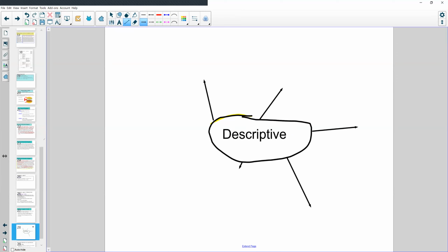So I'm not going to write the whole sentence here. I'm just going to write jot notes, right? Just like we did jot notes for summarizing the paragraph. Jot notes can be a great way just to get some ideas down in order to write a paragraph. So for example, I'm going to describe my house, I think.